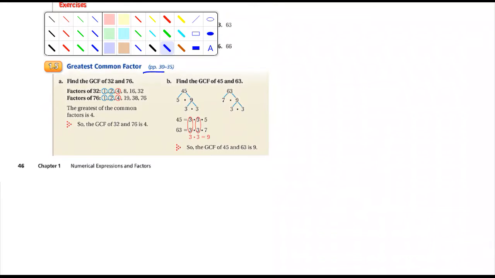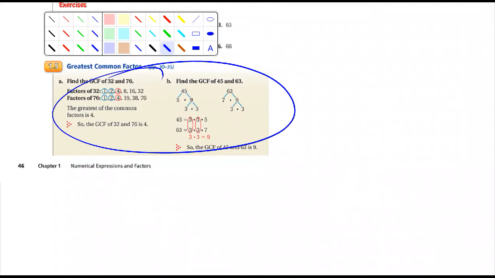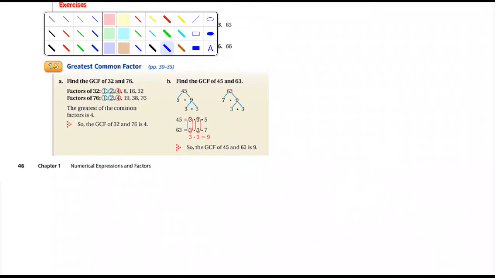1.5, again, they give you the page numbers if you need help with that, and they give you some good examples. And if you remember, there was really two ways to find the greatest common factor. One way, and they give it to you right here in letter A, or example A. And you basically list out the factors, and that's what they've done there.